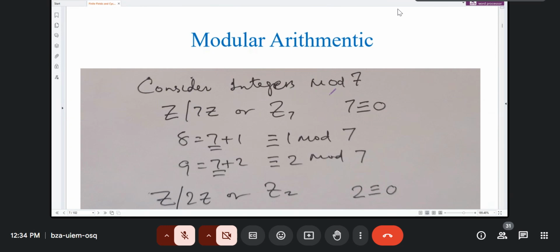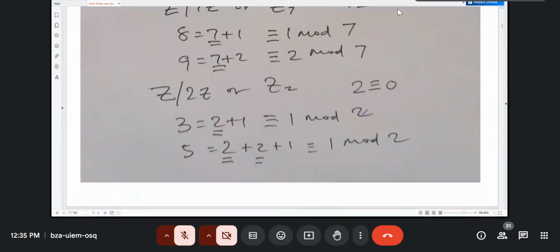So consider integers mod 7. 7 is a prime number. Integers mod 7 is one of the things that can generate a finite set.